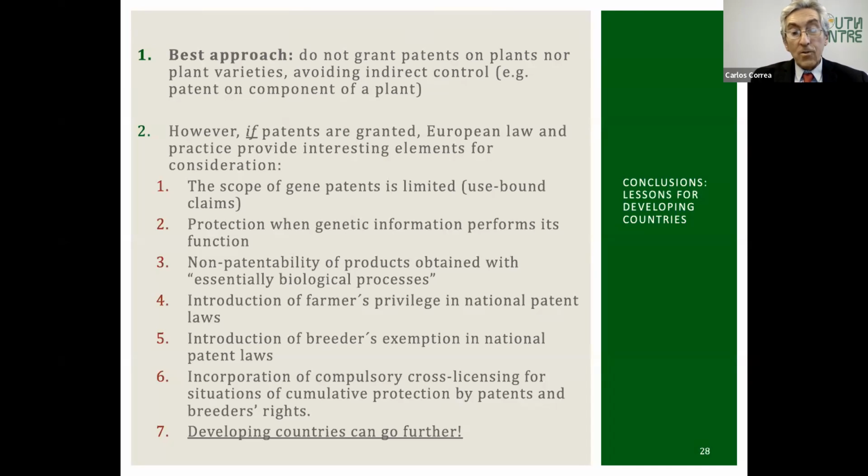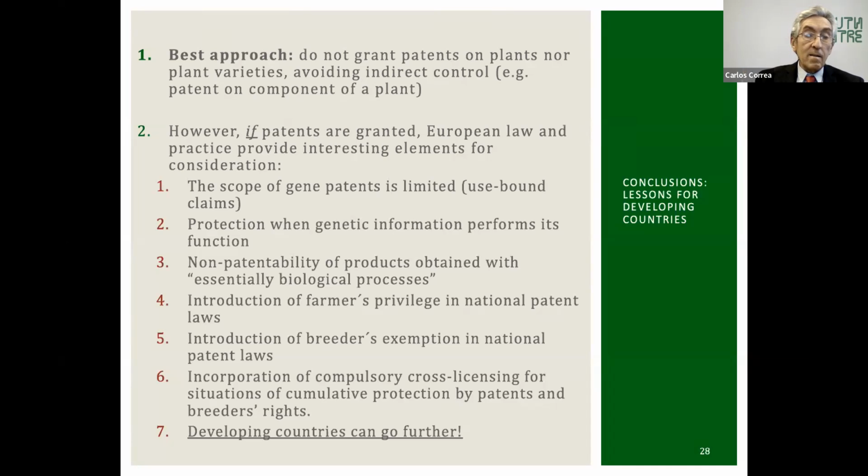But if this is not the case, if patents are granted in relation to plants, for instance, genetically modified plants, or in relation to plant materials or components such as a gene construct, then in this case, it would be advisable to look at this legislation in Europe and to take some lessons from it.